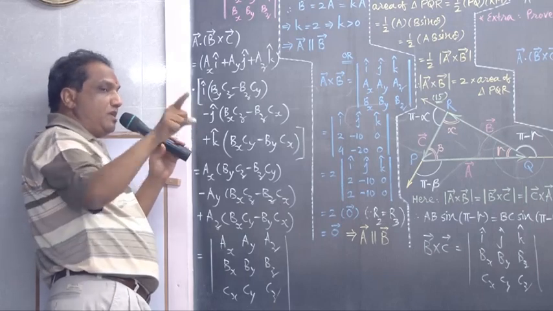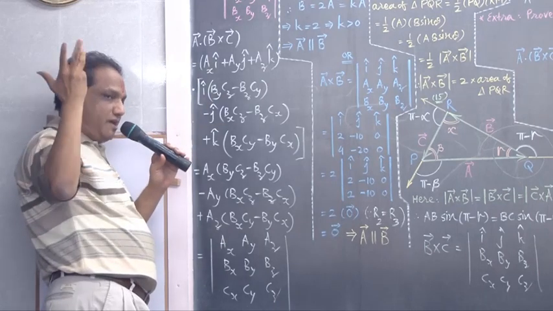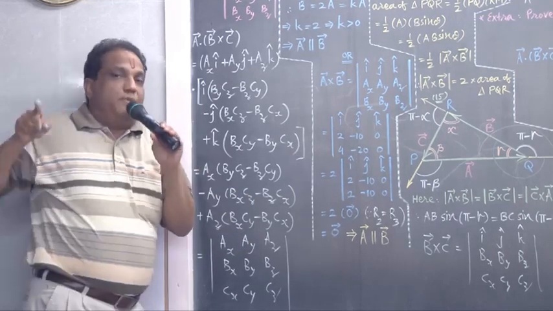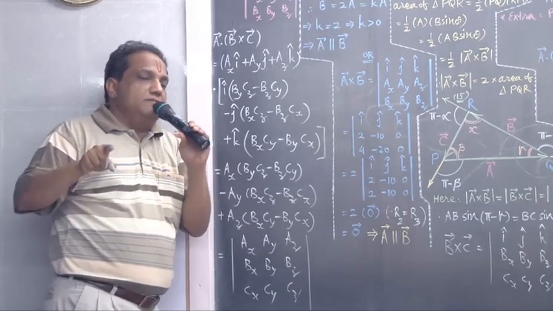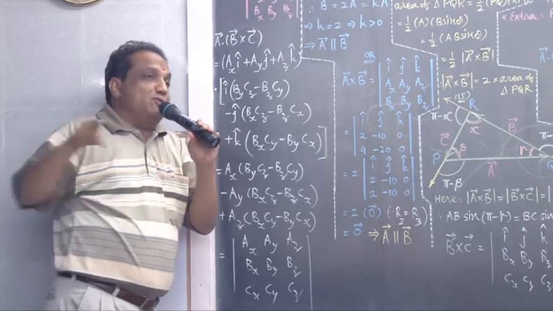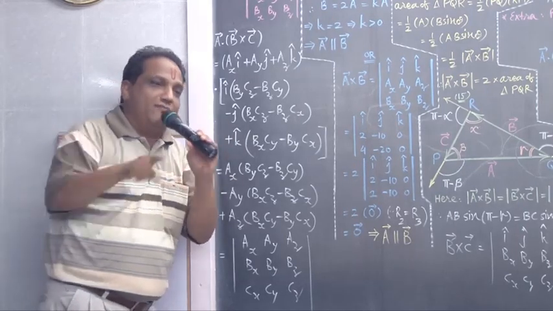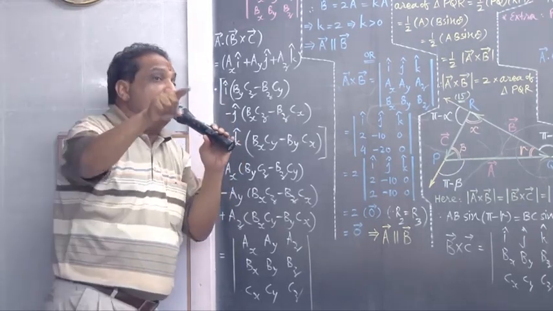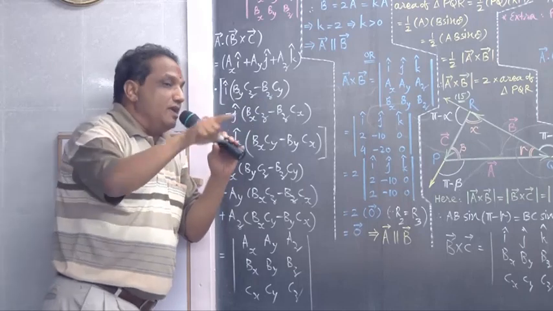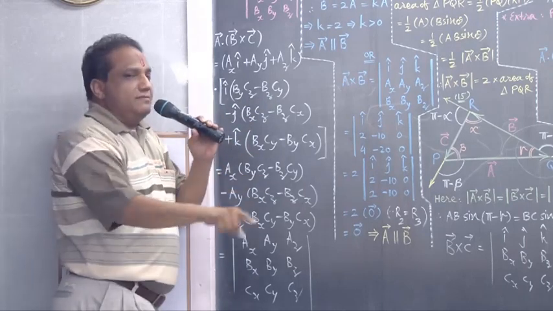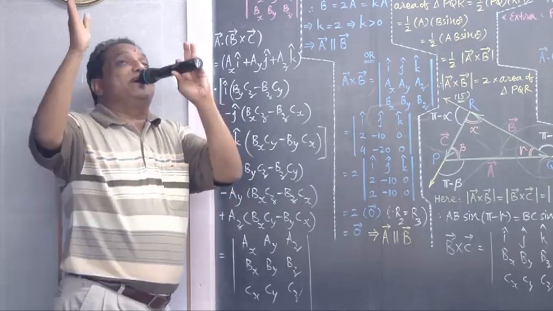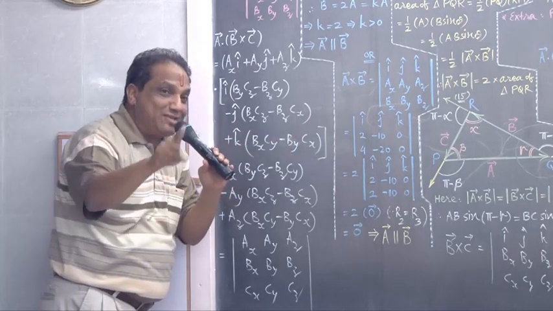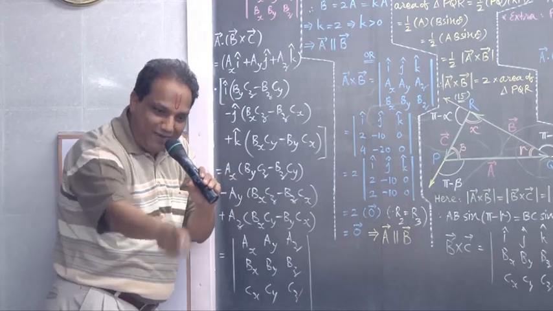Then that equals what? The 3 by 3 determinant with rows px, py, pz, then qx, qy, qz, then rx, ry, rz.